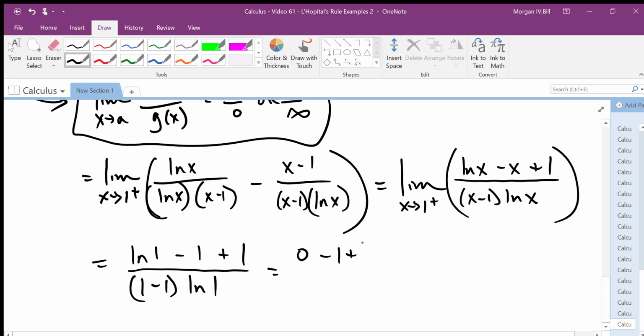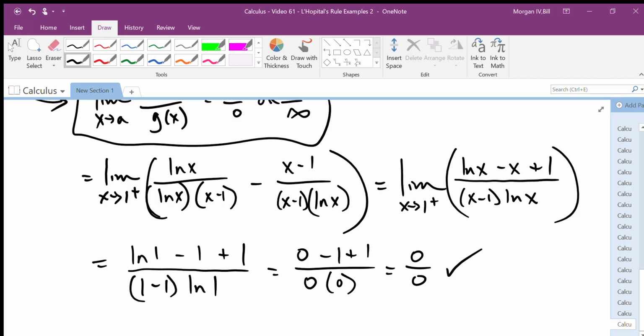Minus 1 plus 1 over 0 times 0. Right, 1 minus 1 is 0, natural log of 1 is 0. So in my numerator I get 0, in my denominator I get 0. Now we are in an indeterminate form that we can use L'Hopital's rule on, 0 over 0. So this limit that we have up here, which looks complex, we'll do L'Hopital's rule on this.